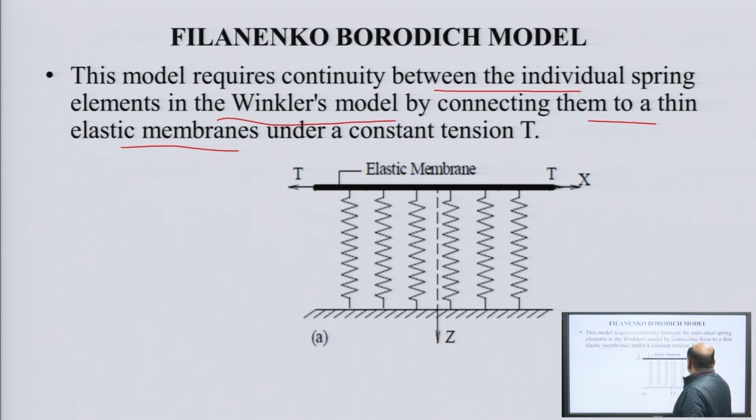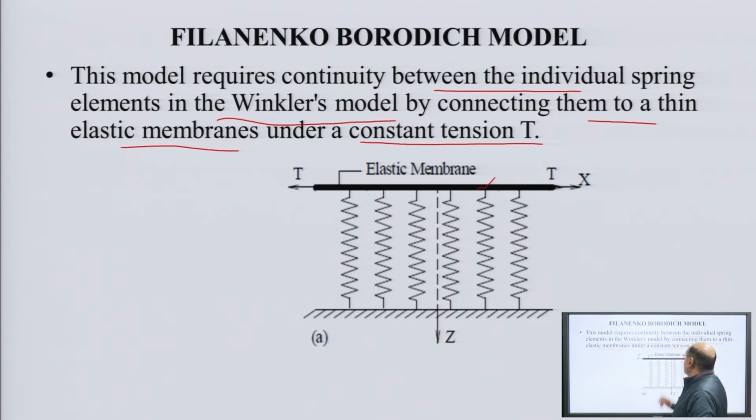We can see here, this is the thin elastic membrane connected over the springs under the constant tension T. So, here the tension is applied to make all the springs work together at the same time.